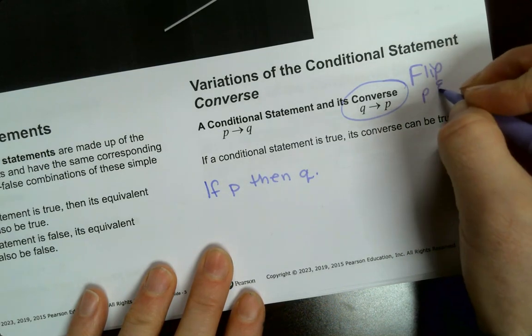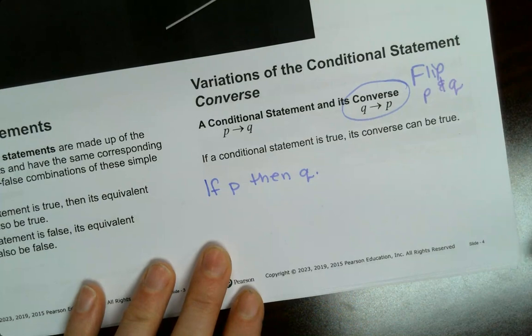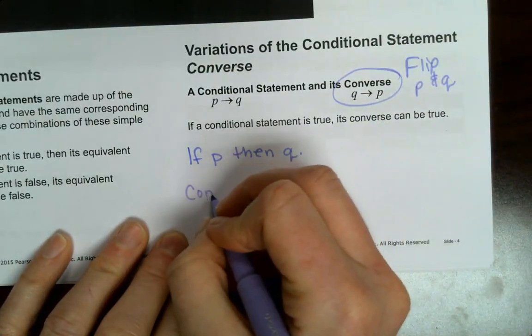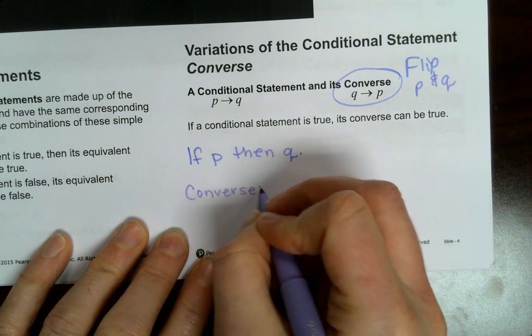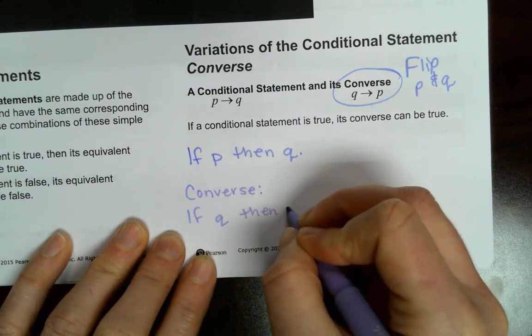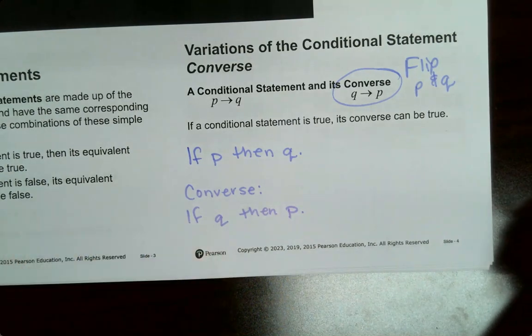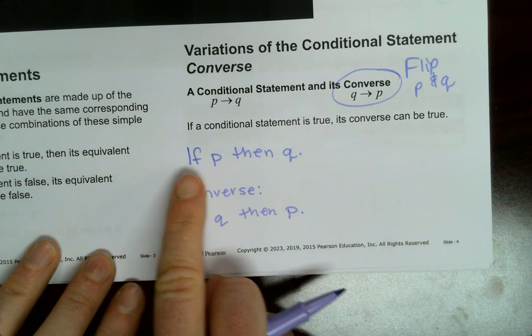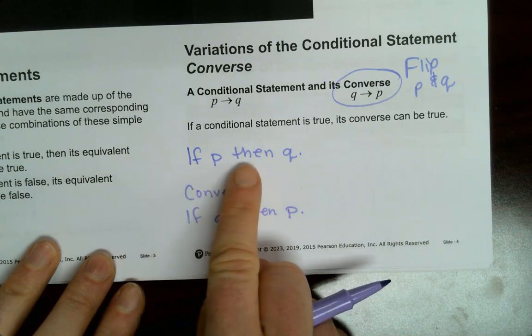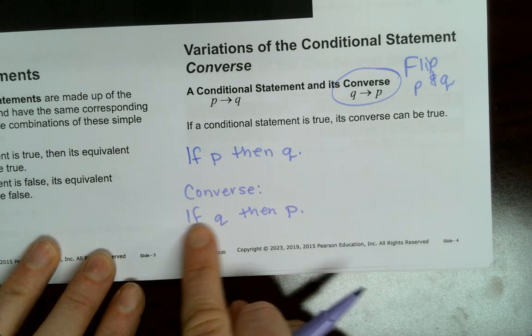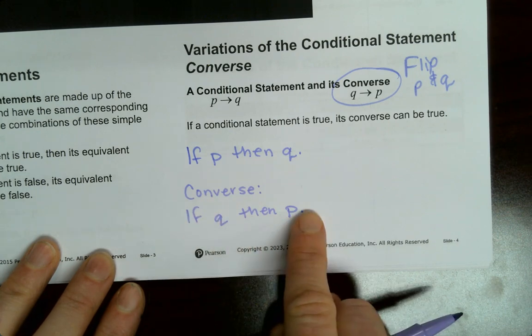Flip P and Q. So the converse will be written as if Q, then P. An example would be, if I win the lottery, then I buy a car. The converse would be, if I buy a new car, then I won the lottery.